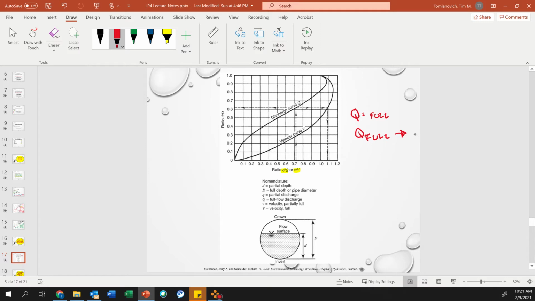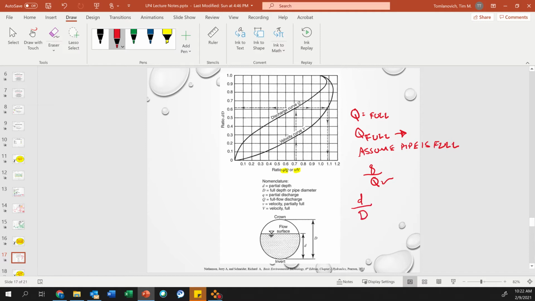You assume the pipe is full and calculate Q, because then if you know this, you'll be able to find this based on little d, the partial depth. Look down here, d over big D.